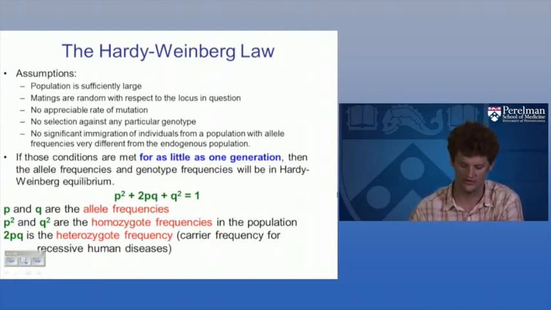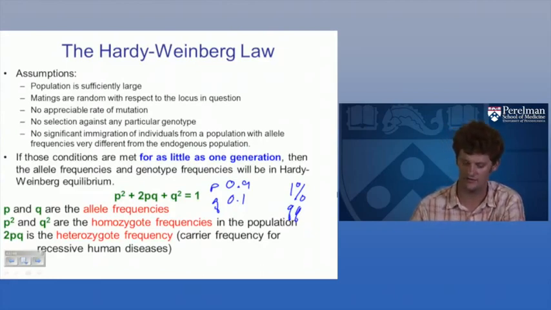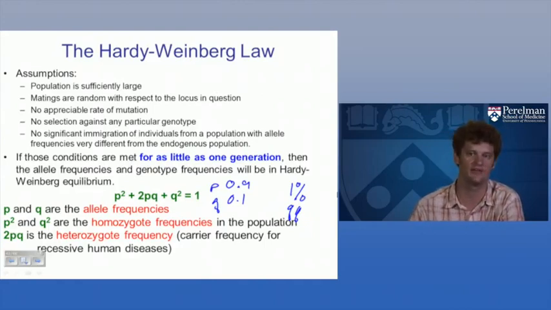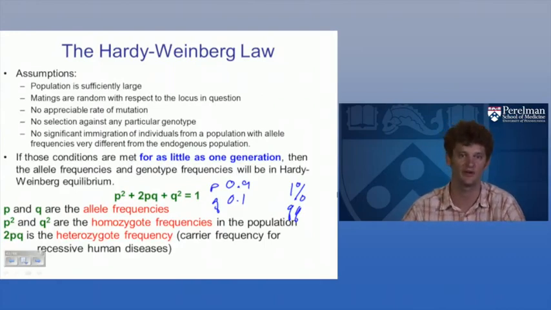So just as an example, if you have 0.9 for P and 0.1 for Q, then that means 1% of the individuals are going to be QQ homozygotes, which is fairly high. 0.1 is not that rare of an allele, but it's very rare even in that case to have Q homozygotes in the population. That's sort of the main point of Hardy-Weinberg equilibrium.